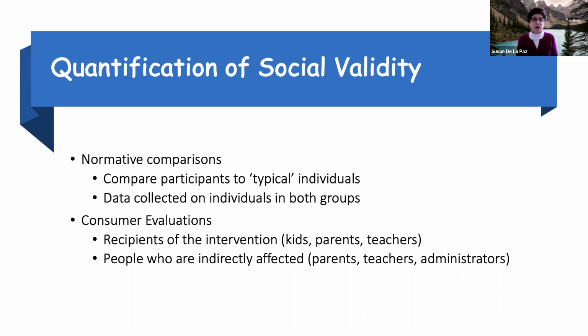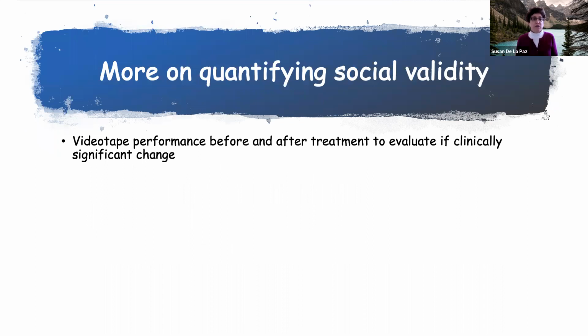Okay, so those are two different types of social validity that can be quantified, more objective measures. All right, so what else could you do? Well, it's the same technique. You could videotape performance before and after an intervention, and you could look at the videotapes to see if you or other people could also notice clinically significant change.